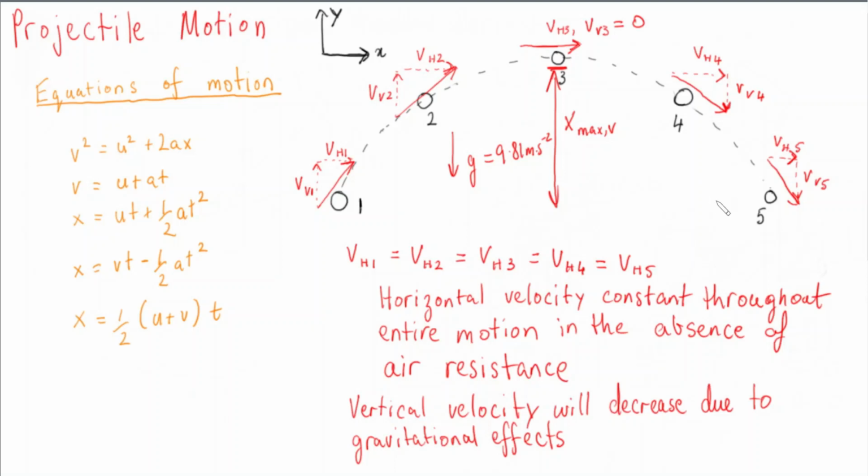Now, me having said gravity acts at a constant 9.81 meters per second squared might have triggered some alarm bells because we've already got equations to describe motion that experiences constant acceleration. And we know these to be the equations of motion, which I've written over here.